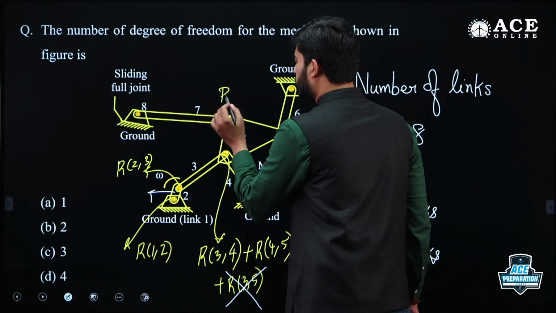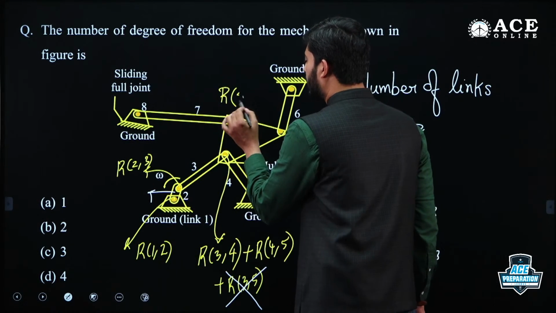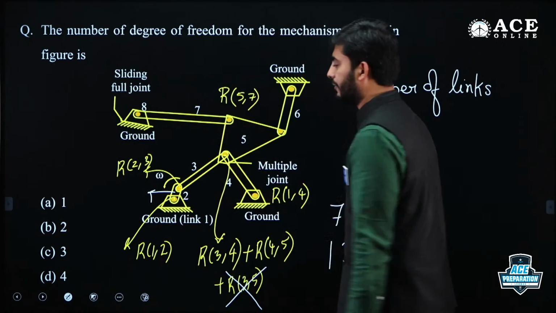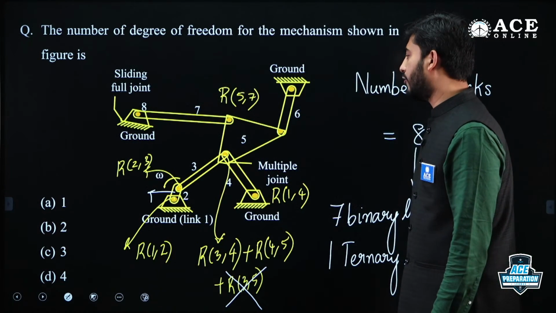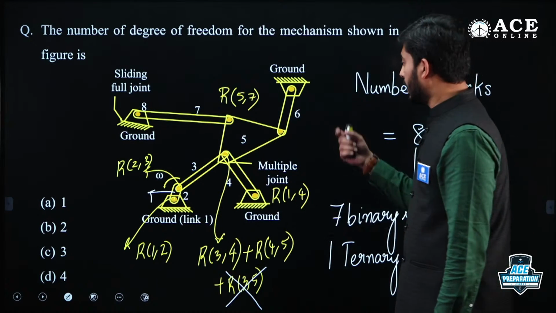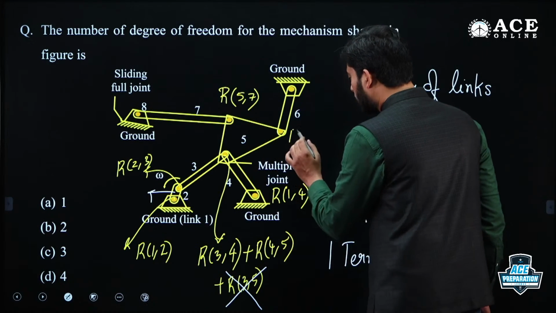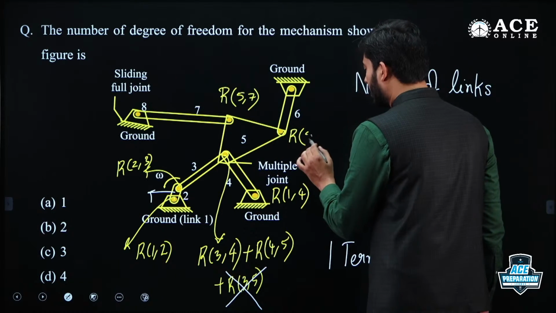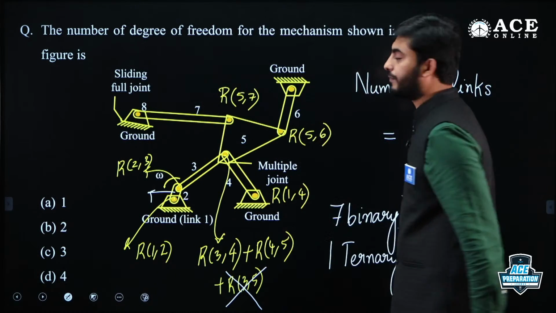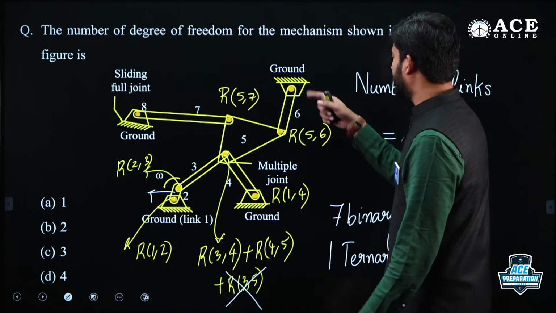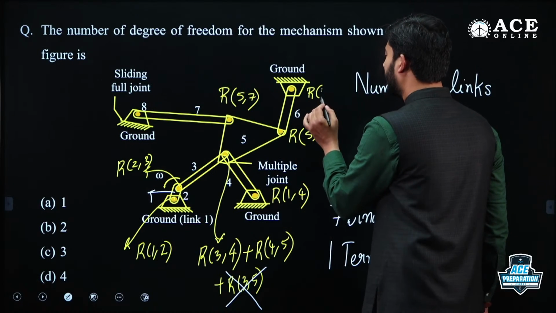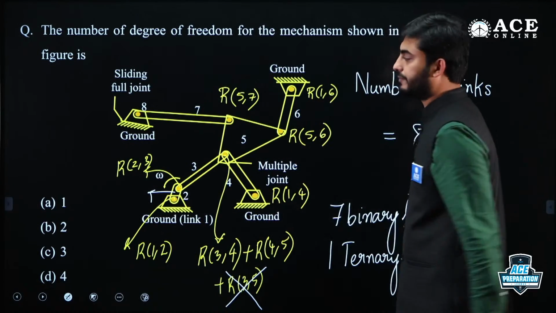Similarly, this would be a revolute pair between 5 and 7. Now here it would be a revolute pair between 5 and 6. This would be a revolute pair between 1 and 6.